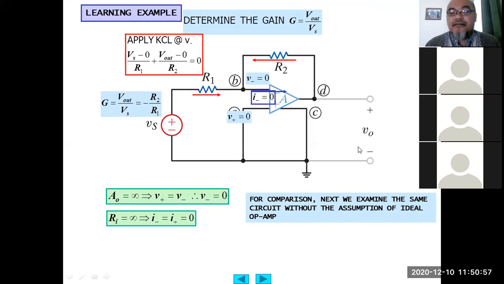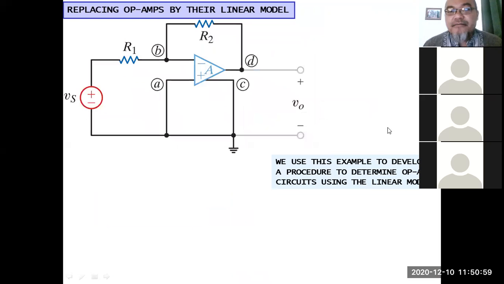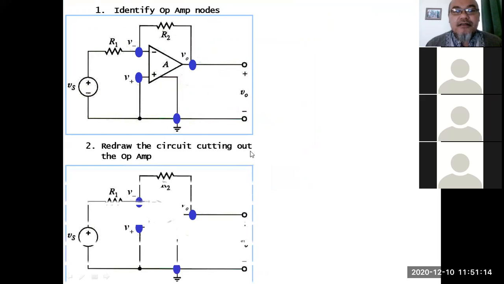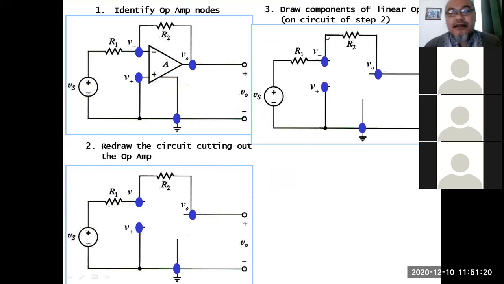Let's examine without the assumption of the ideal op-amp. We use this example to analyze the op-amp using the linear model. This is the op-amp nodes, V minus, V plus, V output and the ground. We redraw the circuit, cutting out the op-amp, and draw the components of the linear op-amp model.